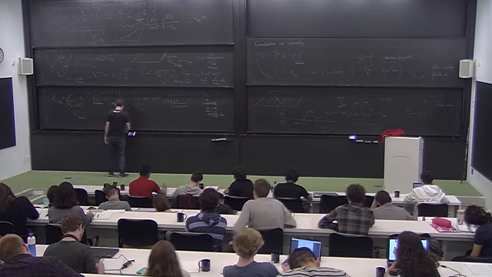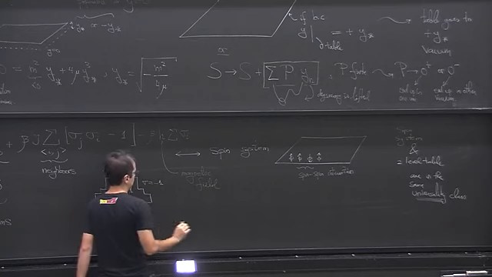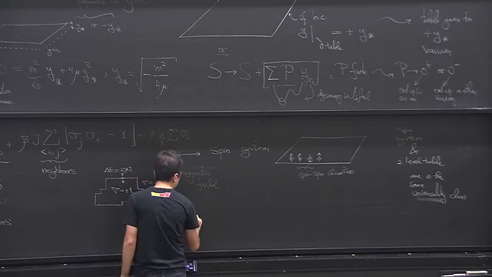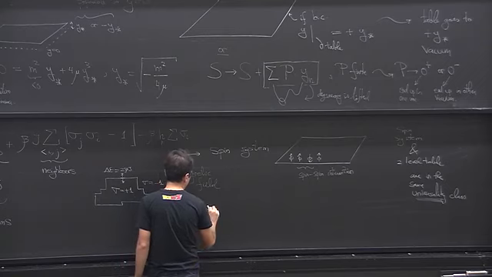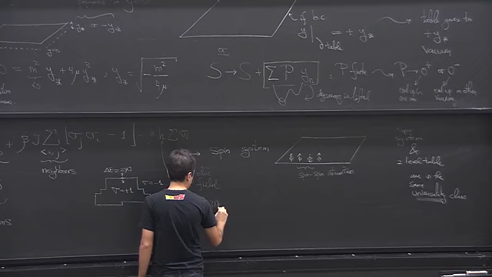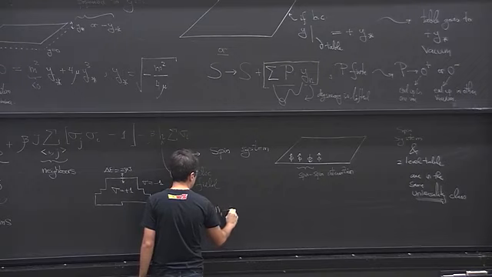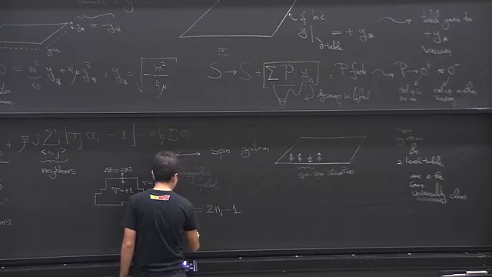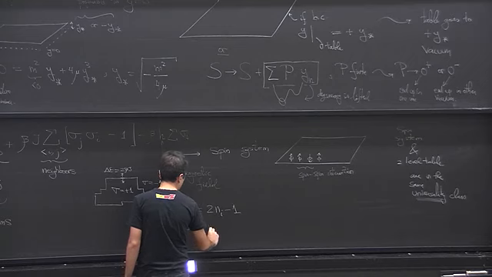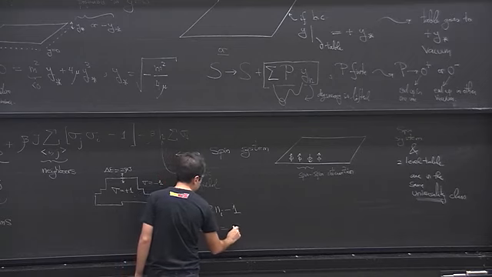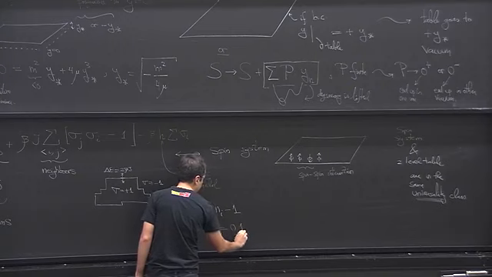Notice also that, now that we are at this toy model, we could define sigma i to be twice n i minus 1, where n i equals 0 or 1.